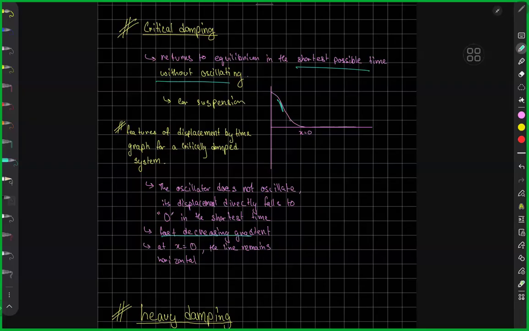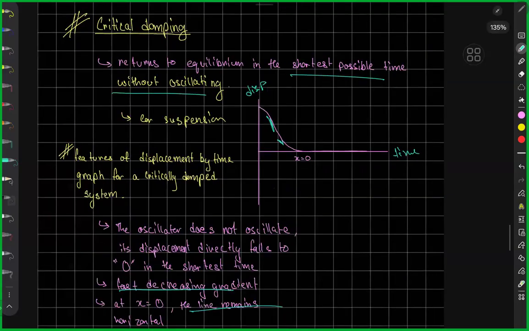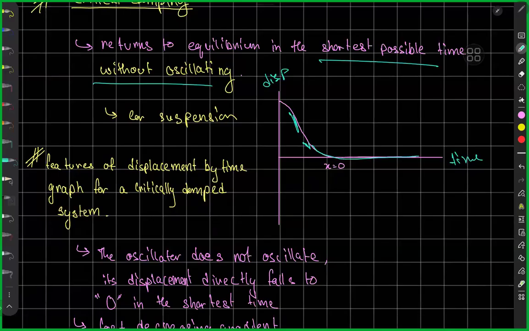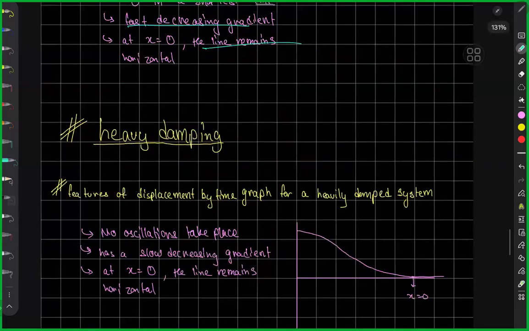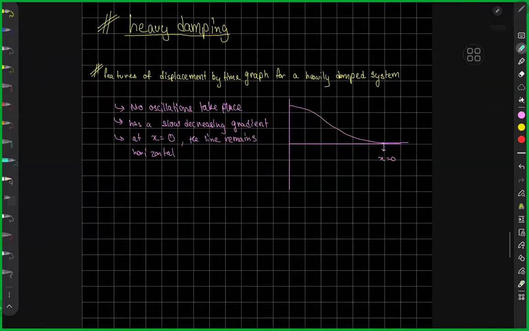That is this gradient that you have. So it has the fastest decreasing gradient, very steep. That is the displacement against time. Okay. So yeah, it comes to a stop, and plateaus down at the x-axis. Fair. Now, heavy damping. What is heavy damping? It is very different to critical damping.